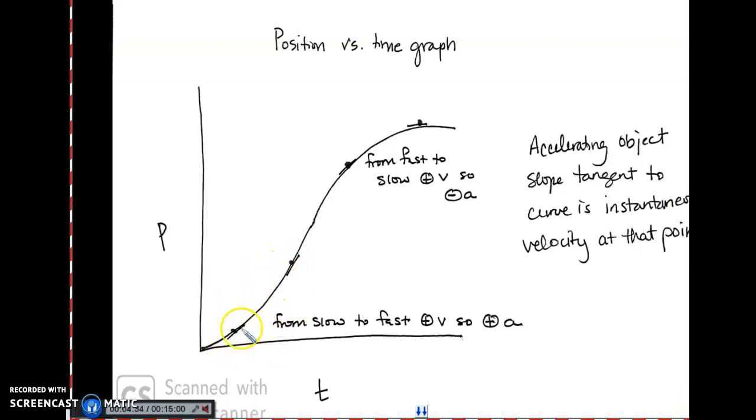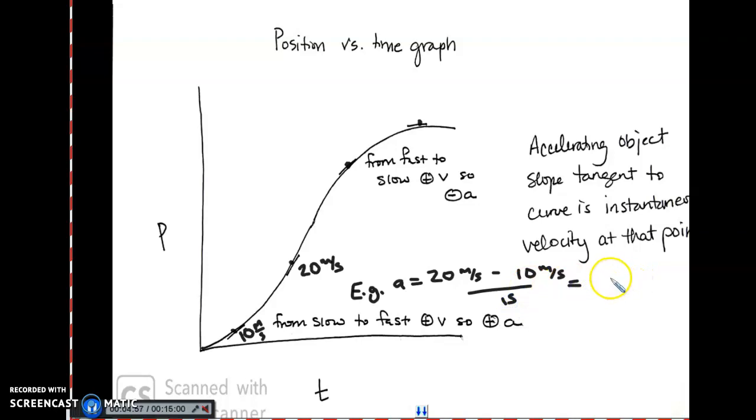Now, this is a more shallow slope, so let's say that is 10 meters per second. And this is a steeper slope, so let's say that's 20 meters per second. So for example, I would say my acceleration then is final minus initial over time. Let's say it's 1 second, and that's going to give me a positive 10 meters per second squared.